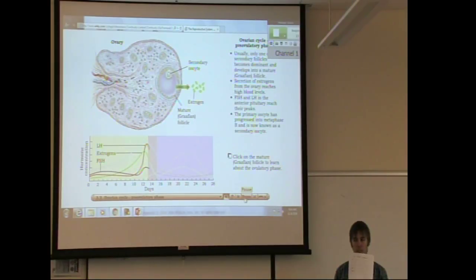So I'd say there's just 2, maybe 3 important things for that one. So probably, secondary follicle develops into mature follicle. Oocyte goes through meiosis.